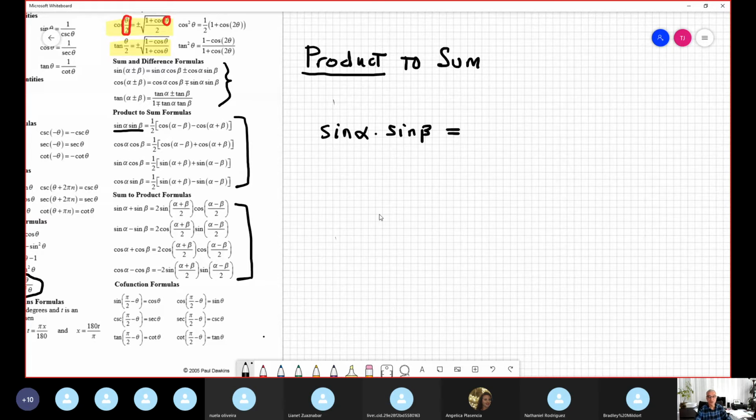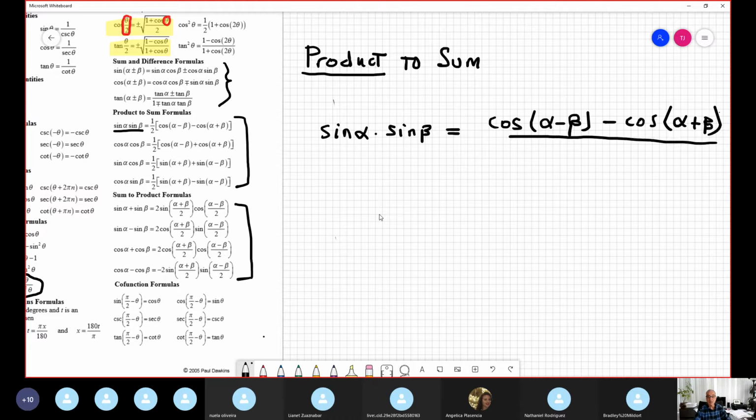In this case, cosine of alpha minus beta, minus cosine of alpha plus beta, everything divided by 2, or multiplied by 1/2. Either way. Okay, this is the conversion product to sum in that direction.